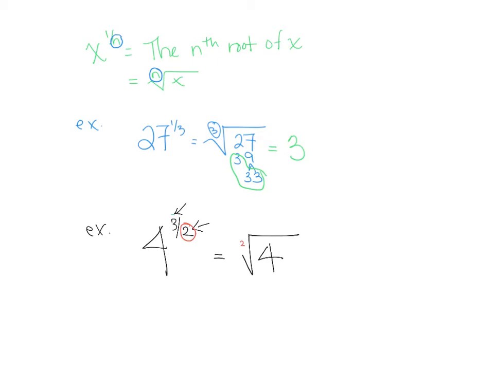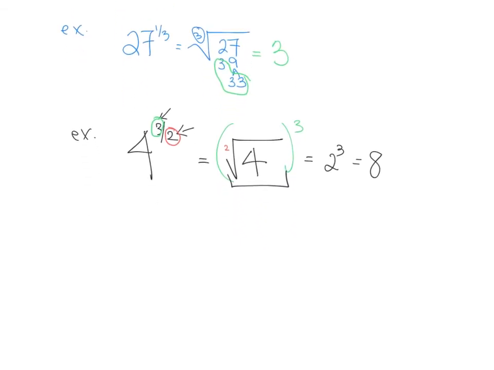And then we're saying take it to the 3rd power. So this would simplify: the square root of 4 is 2, and 2 to the 3rd equals 8. The reason why that works is if we rewrite that fractional exponent to be more familiar, which was the 1/2, we already know that means square root, and then to the 3rd.